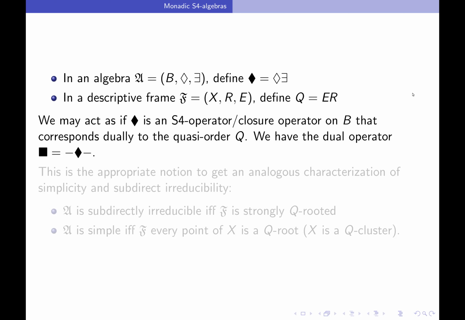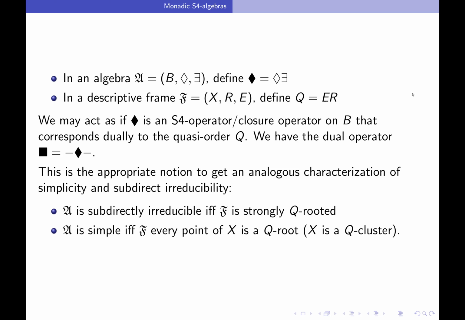With this notion, this turns out to be the appropriate notion to get this characterization again. So you have that A is subdirectly irreducible if you're strongly Q rooted, so you need an open set of Q roots. And you're simple exactly if every point of X is a Q root. So the situation is identical to the situation for S4 algebras, except we're using Q instead of R.